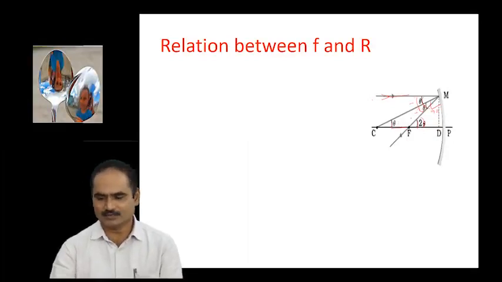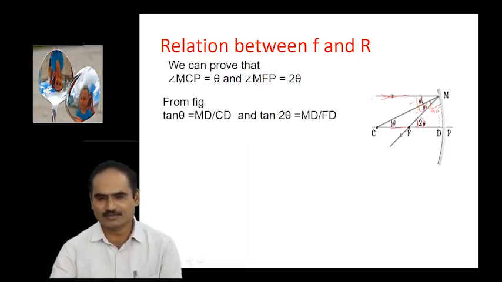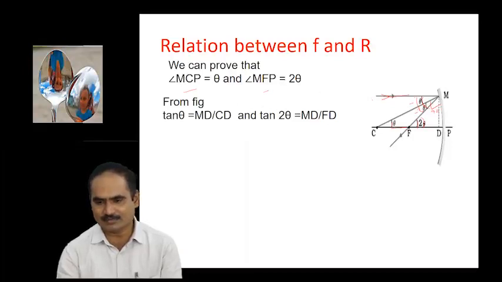So based on this, let us take angle MCP. Angle MCP is equal to theta, and angle MFP is equal to 2 theta.